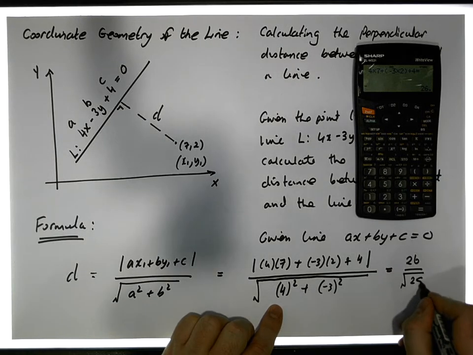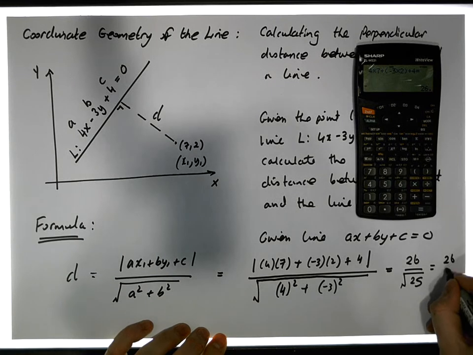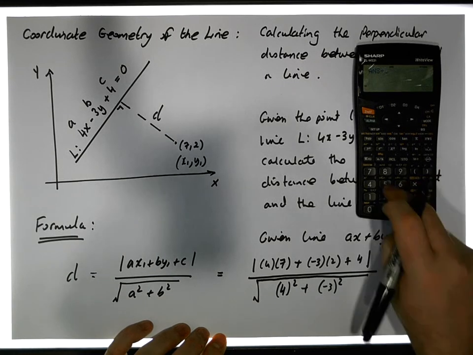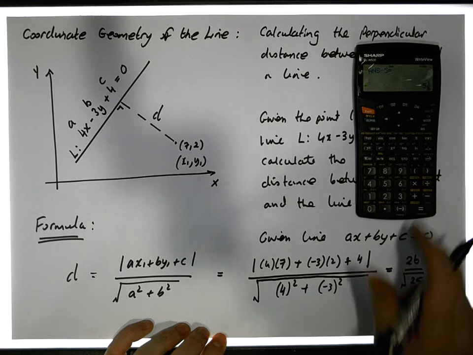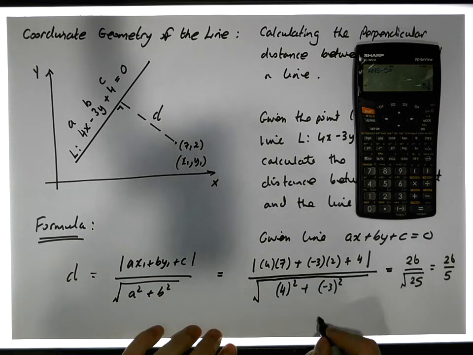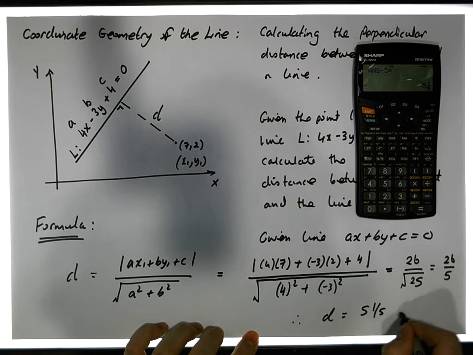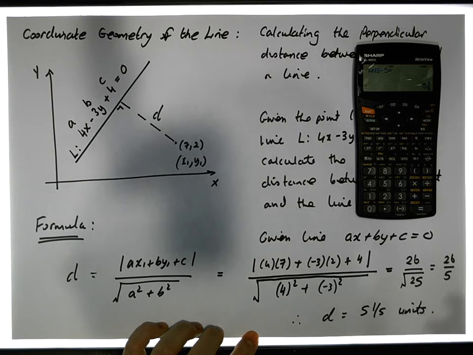So it's 26 divided by the square root of 25, which is the same as 26 divided by 5. When we divide 26 by 5, we get 5 and 1/5. So the distance d is equal to 5 and 1/5 units.